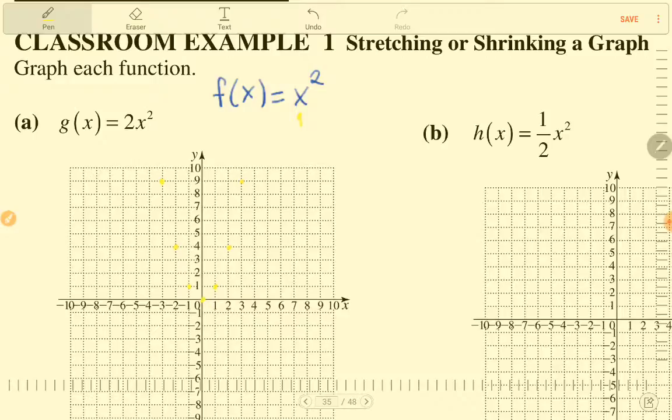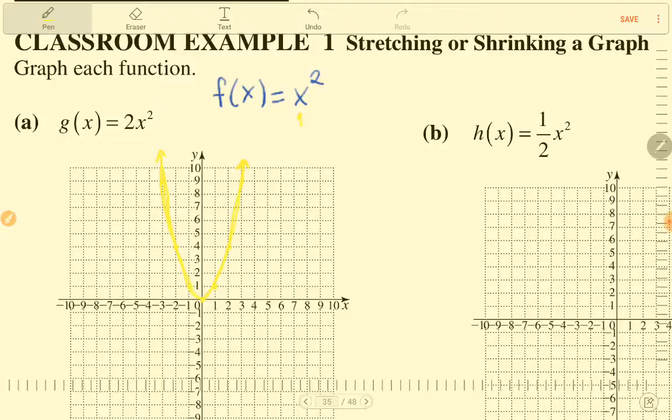So this is what the original parent function, f of x equals x squared, looks like. It's a rounded U shape with both ends traveling towards positive infinity for the y values.